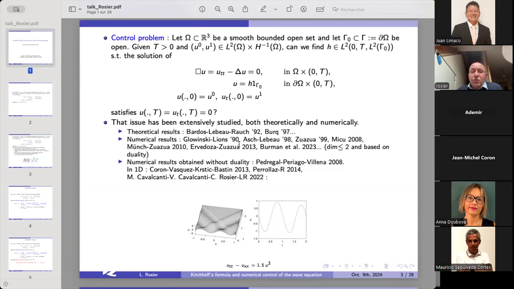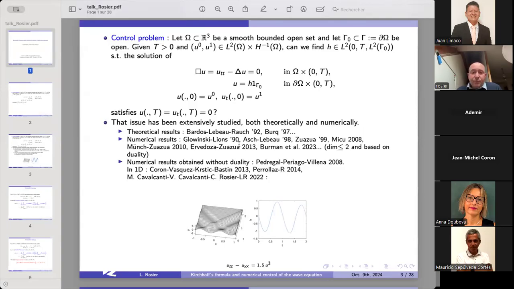For the numerics, the first contribution was due to Glowinski-Lions, and you have many contributions by Lebeau, Zuazua, Mikou, Munch, and many people, up to the last years. These numerical results are essentially in dimension less than 2, and they all use a duality argument. More or less you have to use HUM, the Hilbert Uniqueness Method of Jacques-Louis Lions, and you use numerics for that.